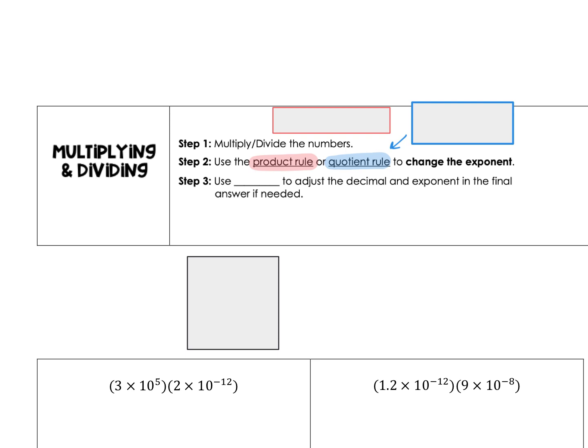The first one being the product rule. The product rule is anything to a power times that same base to that power, you are going to add those 2 exponents together. And then our quotient rule, if we divide things with the same base, we're going to subtract the exponents. So that's going to come in handy here with our multiplying and dividing in scientific notation.